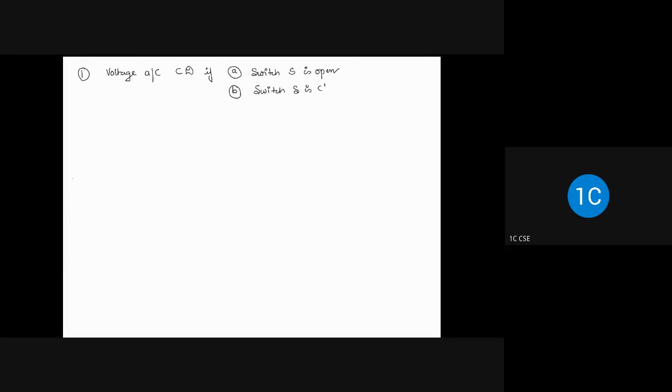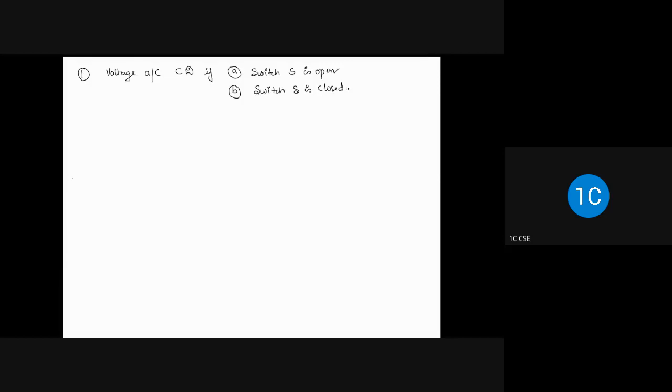This is a little tricky question. Write down: in the circuit shown below, what is the voltage across CD if switch S is open and if switch S is closed?